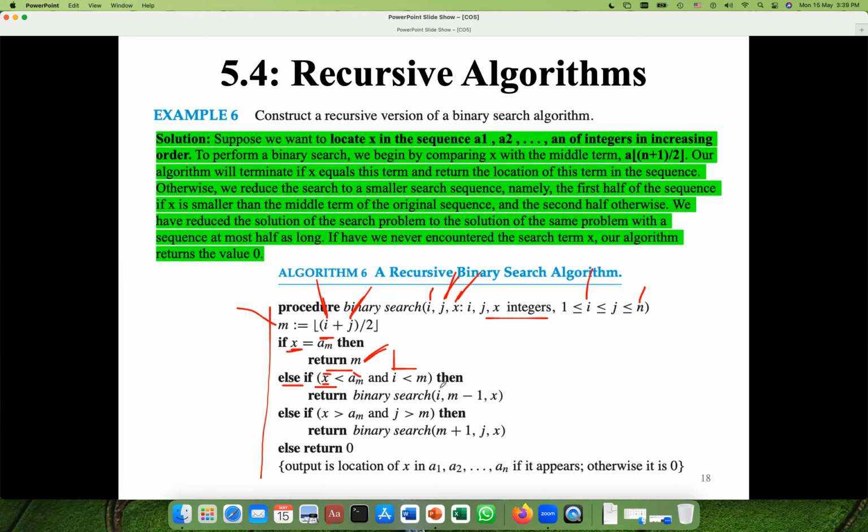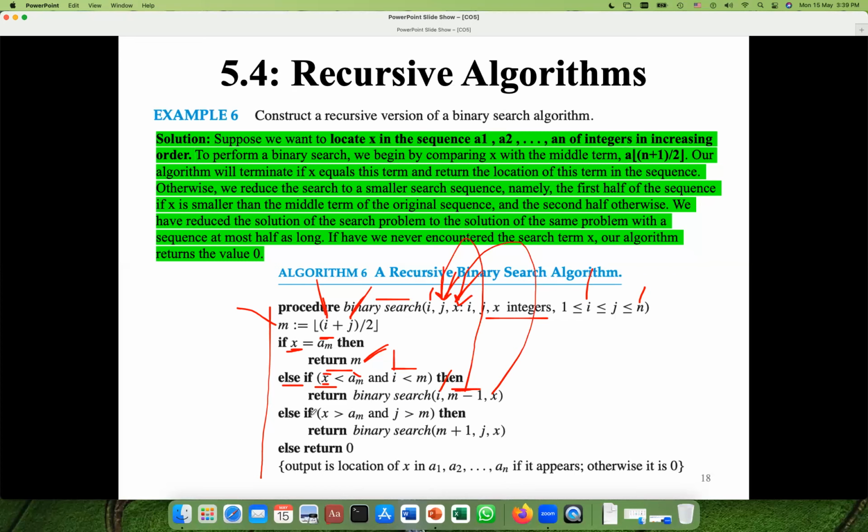So M minus 1 is now my J. Then binary search with I the same, and for J we put M minus 1. This M minus 1 will be copied into J. And X is the element that we want to search. So we are calling this algorithm again.